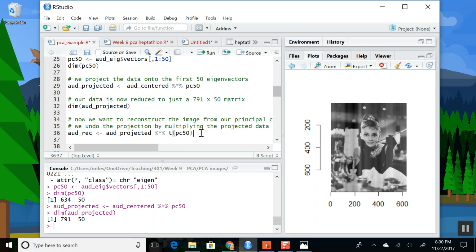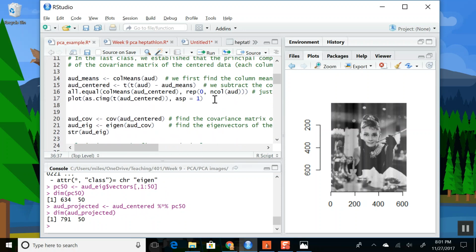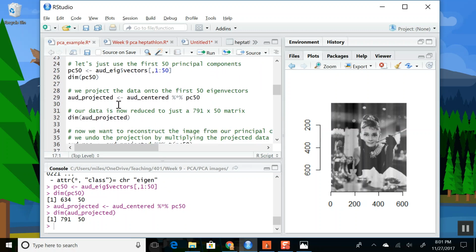This projected data doesn't mean much to us because we want to project it back to the original. If I were to plot this after I've reduced it down to 50 columns, it would not look like anything that we want.